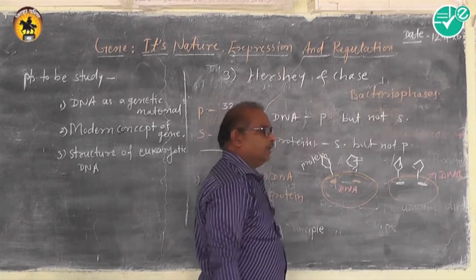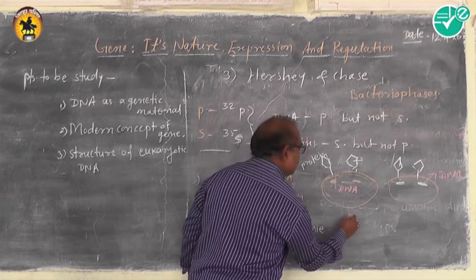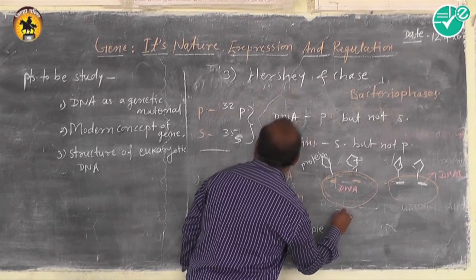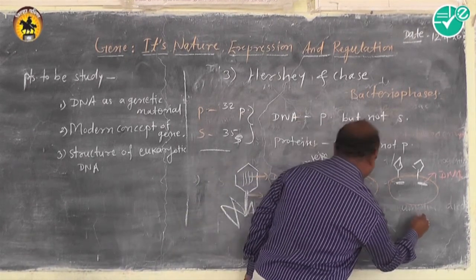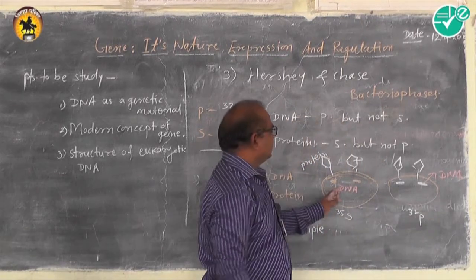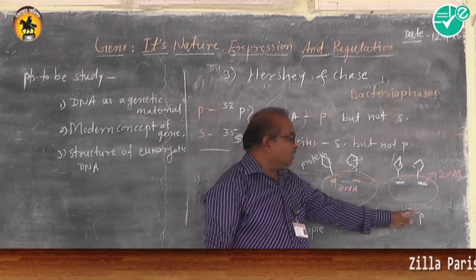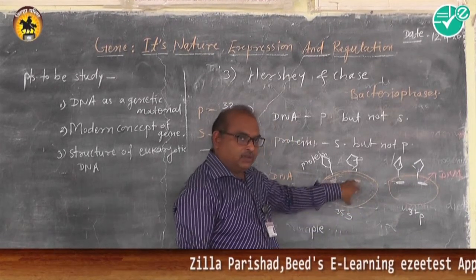Only DNA. Now here the DNA of these viruses has isotopes of sulfur, that is 35, and this one the isotope of phosphorus. Only DNA is introduced into the bacterial cell.